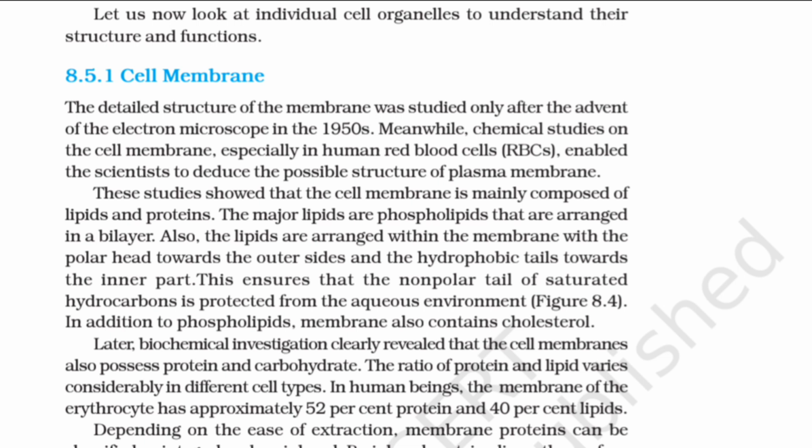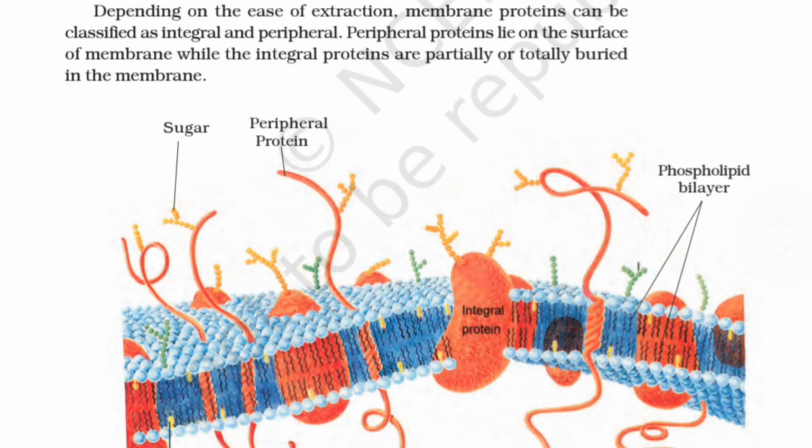Later, biochemical investigation clearly revealed that the cell membrane also possesses protein and carbohydrate. The ratio of protein and lipid varies considerably in different cell types. In human beings, the membrane of the erythrocytes has approximately 52% protein and 40% lipid.